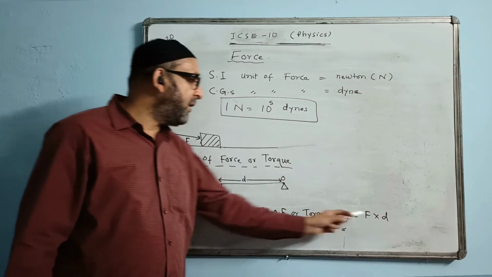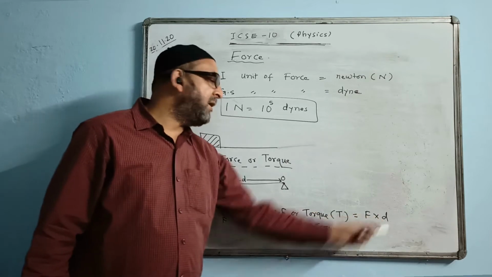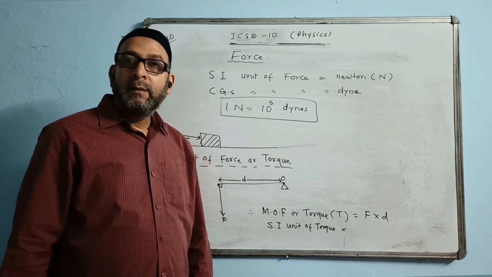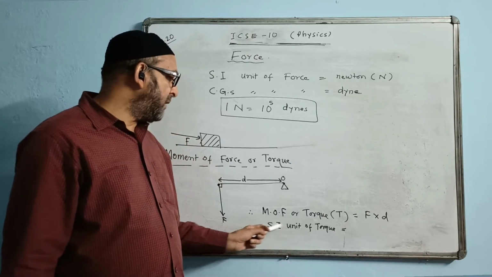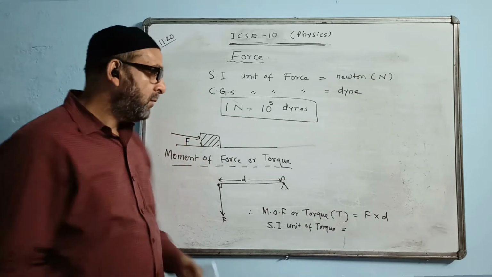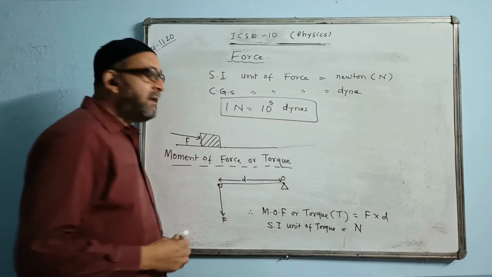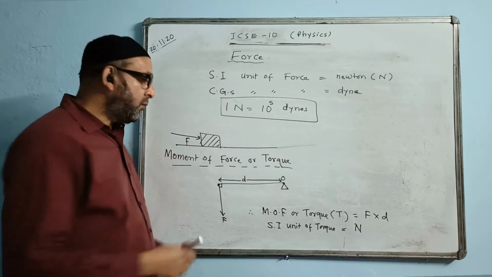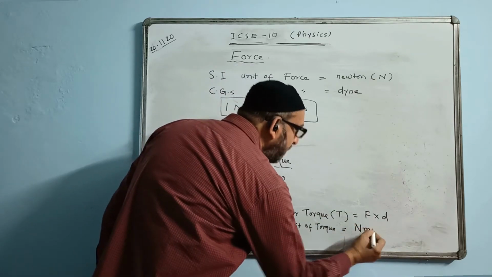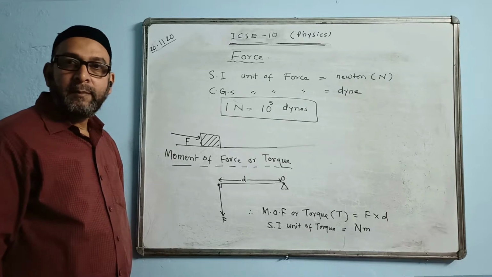The formula is F into D. What is F? Force. And what is D? D is the distance. What is the SI unit of force? As I wrote in the beginning, the SI unit of force is Newton. Distance SI unit is meter. So the SI unit of torque or the moment of force is Newton meter, Nm.